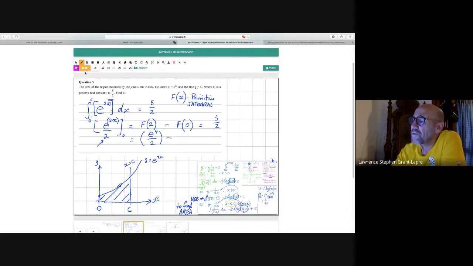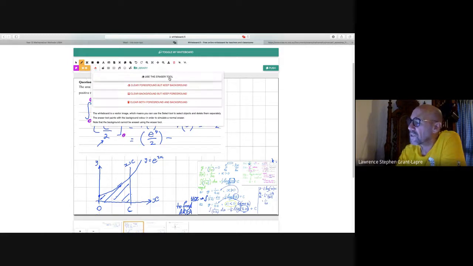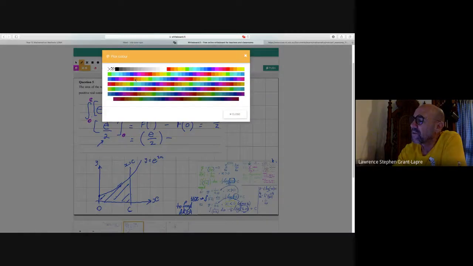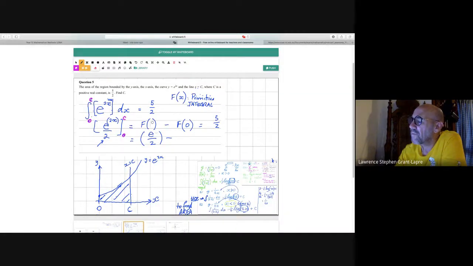It's from 0 to c. So not a 2 at all. Sorry about that error. Don't know where that came from.